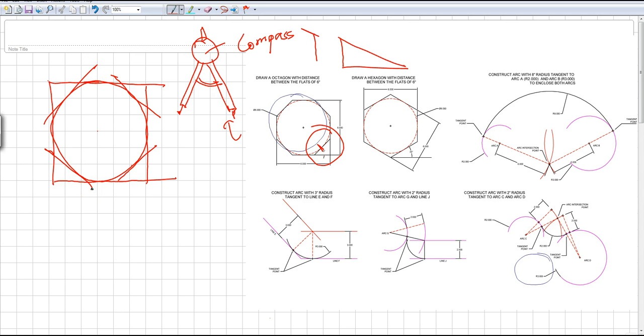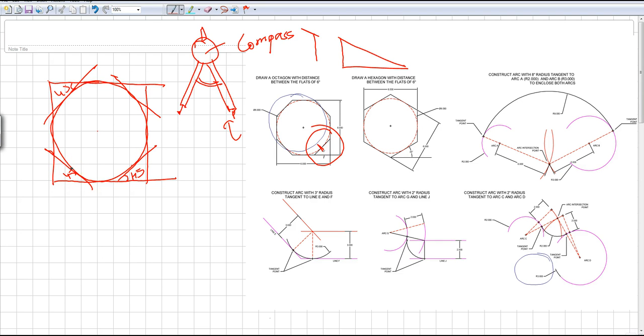Now pretty much my octagon is done. All I need to do is highlight my lines. Main thing I had to remember is this angle has to be 45. Now you have 45, right? All these angles are 45.